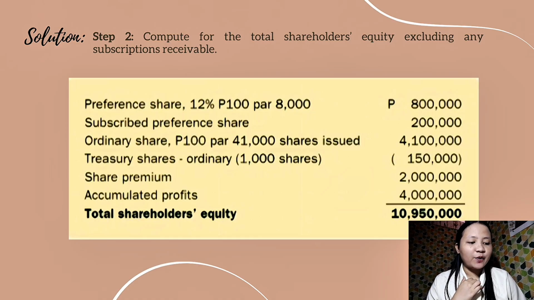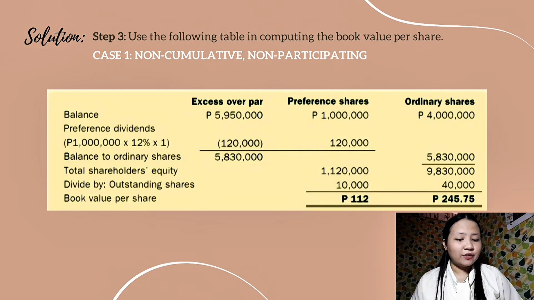Then, ordinary share, we have 4,100,000. Then, we deduct the treasury share of 150,000. Then, we add the share premium amounting to 2 million and the accumulated profits of 4 million. It would give us a total of 10,950,000 shareholders' equity.